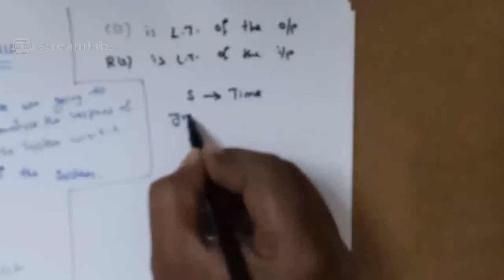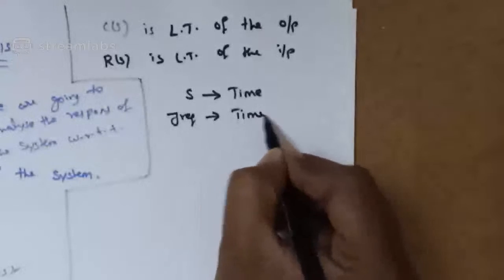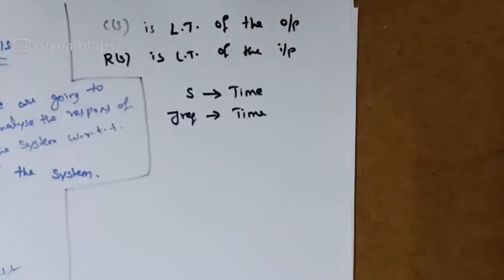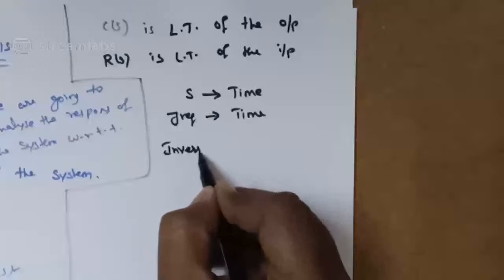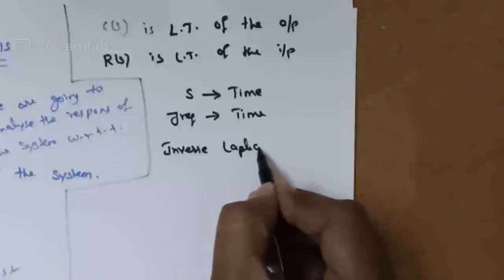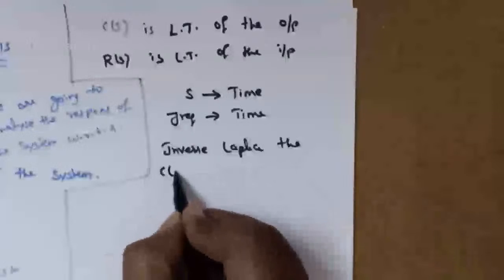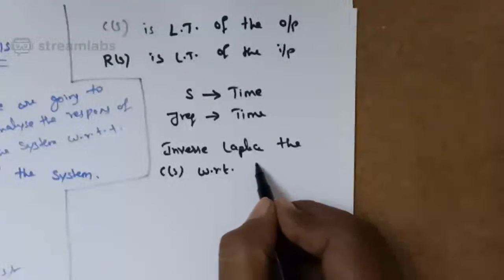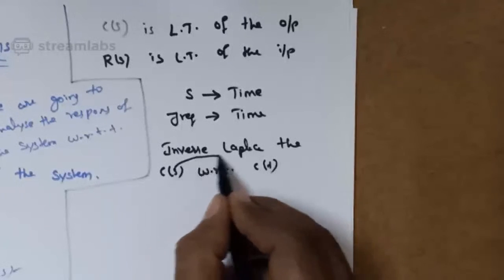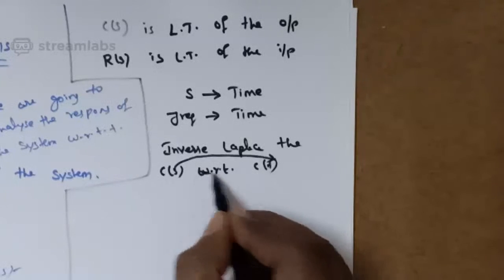So we are going to convert this S domain, frequency domain, to time domain. That's why we are going to take the inverse Laplace of the whole function, inverse Laplace of C of s, to get C of t. So we convert s in terms of t.